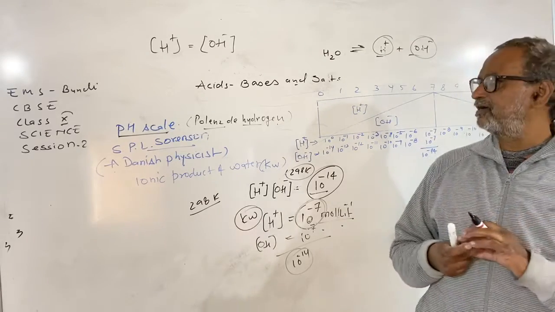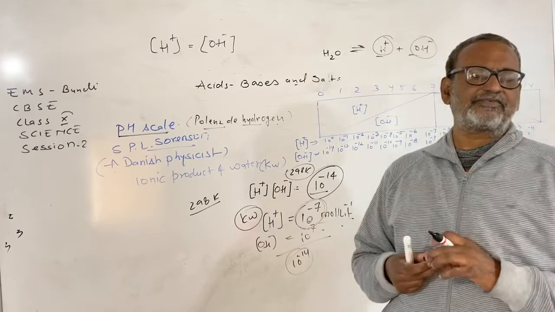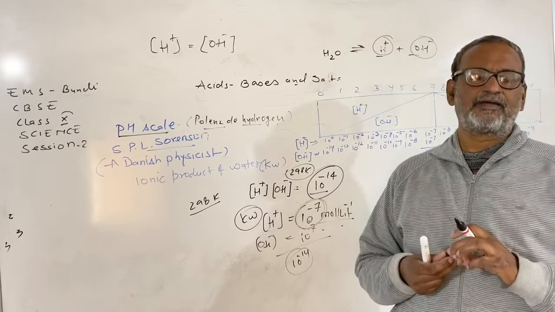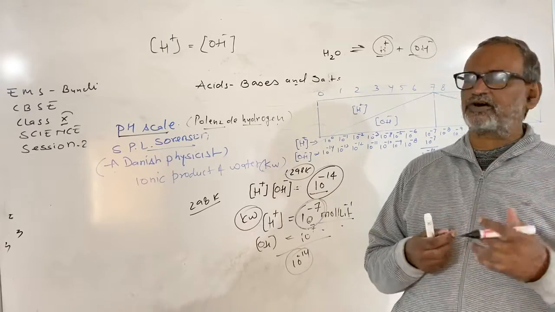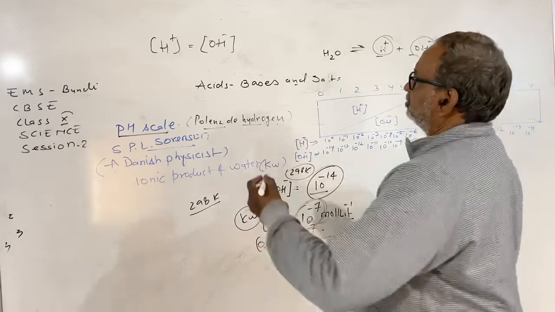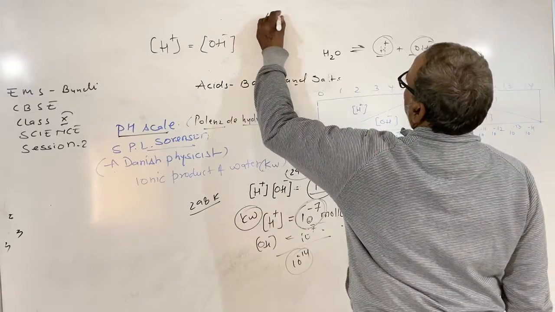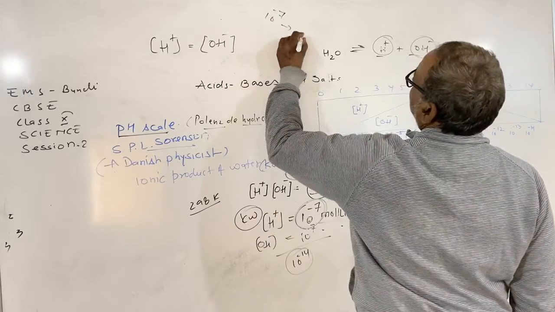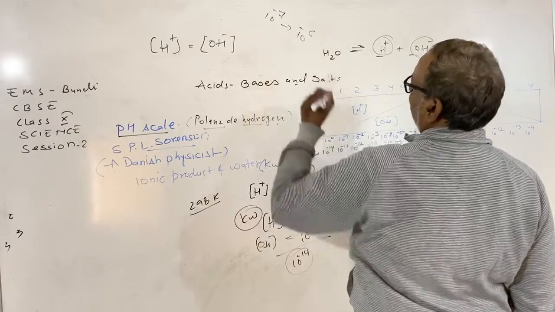For example, consider that when an acid is added, the concentration of hydrogen ion is increased from 10 raised to the power minus 7 mole per liter to 10 raised to the power minus 6 mole per liter.